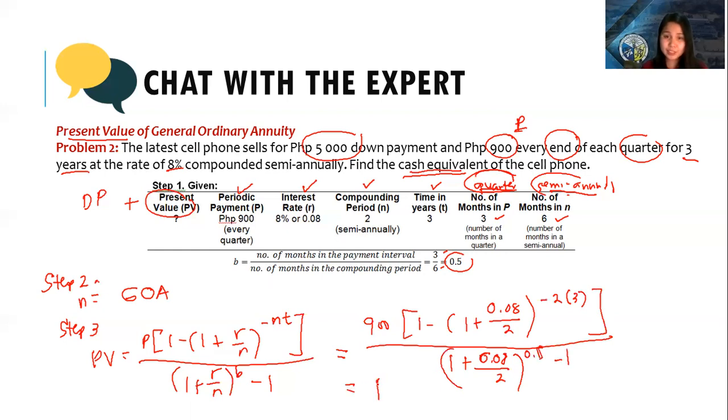Using your calculator, the answer will be 9,529.28. This is just the present value of your quarterly payments.